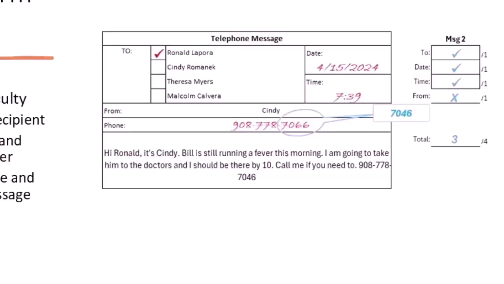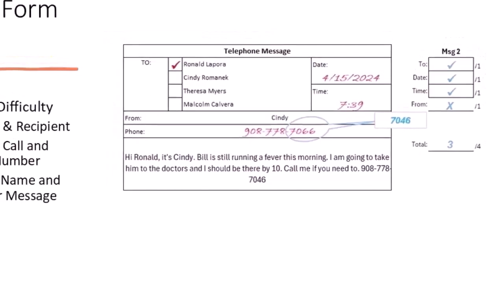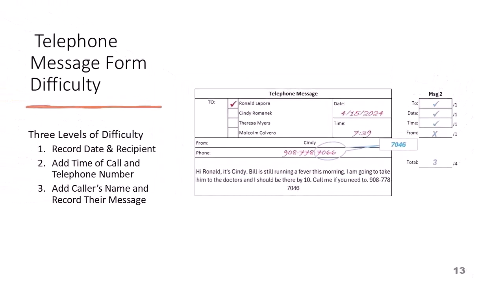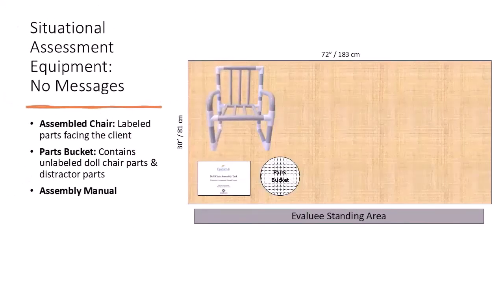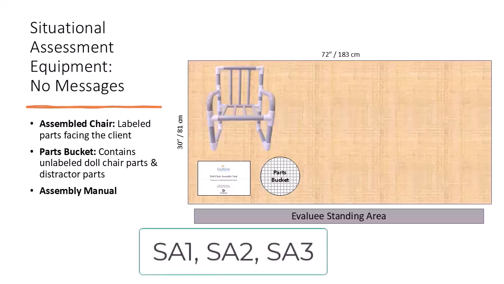Yes, that's right. Now, let's walk through the actual setup for a situational assessment, keeping in mind that consistency and client safety are always paramount. The work surface should be a stable, flat table at least 30 by 72 inches and 29 to 33 inches high. This is the setup for the situational assessment without the telephone message interruptions, SA1 through SA3.